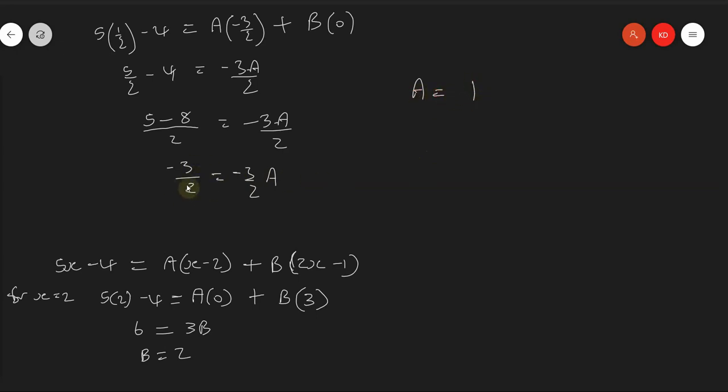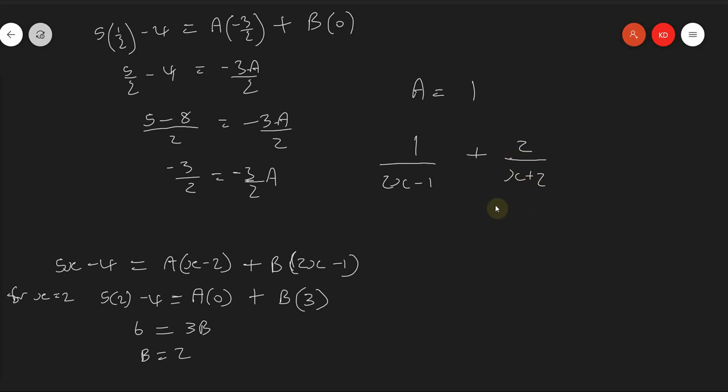Negative 3 over 2 divided by negative 3 over 2, that's 1. So we have a equal 1, b equal 2, therefore we would get 1 upon 2x minus 1 plus 2 upon x minus 2.